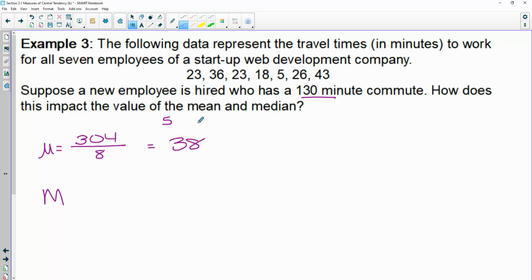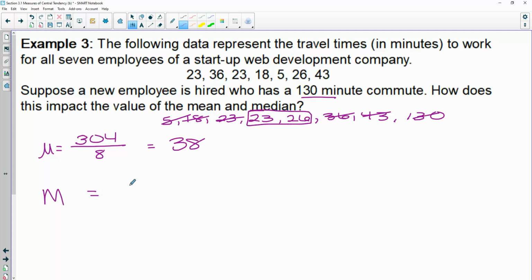You guys probably already have this data listed from our previous example. So we have them in order from small to large. We put the 130 at the end. Now if I find my median, I'm left with a 23 and a 26 in the middle.